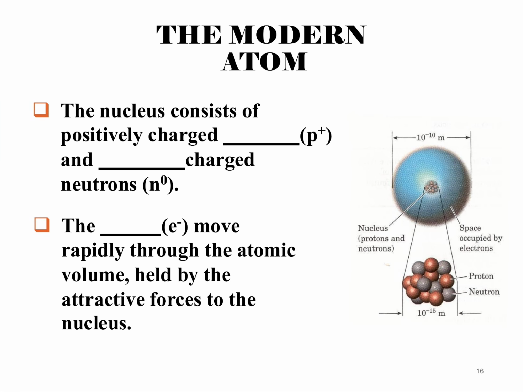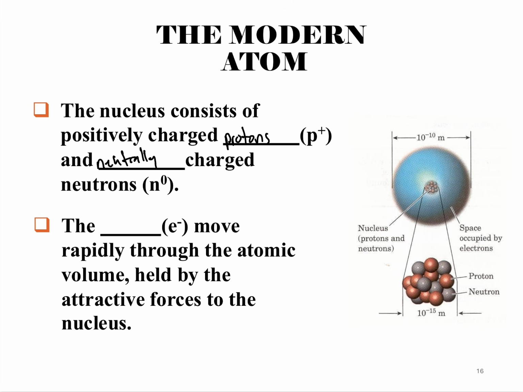And so the modern atom, how we think of it, is that the nucleus consists of positively charged, what we call protons, right? So P with a positive charge, and neutrally charged neutrons, right? So the nucleus takes up 1/10,000 or 1/1000th of the entire volume of the atom, but it has all the positive charge and also this extra mass from another subatomic particle called neutrons.